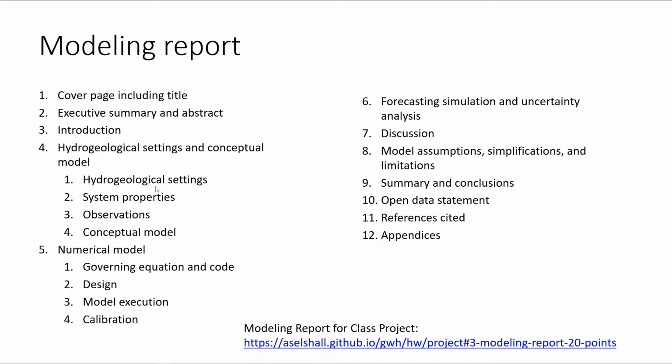So you provide this hydrological setting. System property, like your hydraulic conductivity value. System property could also include pumping, like how much you're pumping, the pumping rate. Observations: these are my observation wells, and these are my observation points. Conceptual model: given all this information, I develop this conceptual model or multiple conceptual models.